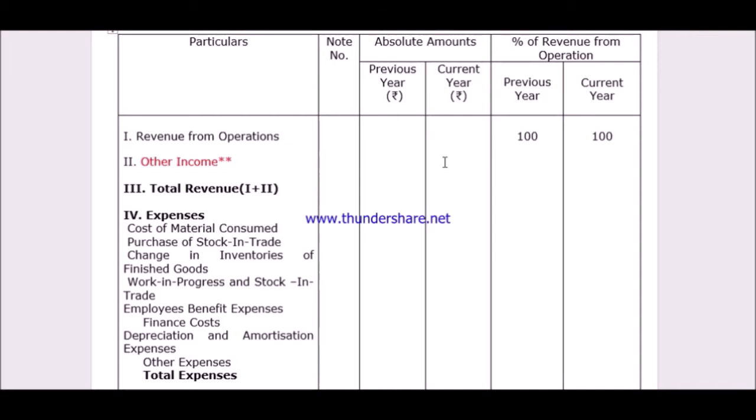Next, the column percentage of revenue from operation. Be very careful, and it is very simple. Just use your common sense. In this column you calculate, for each of the other items, what percentage it is as compared to revenue from operation.